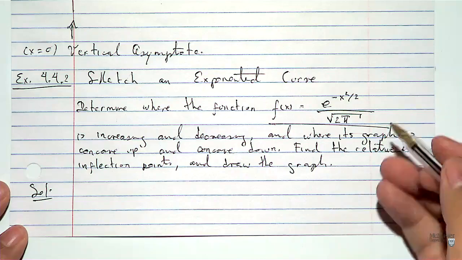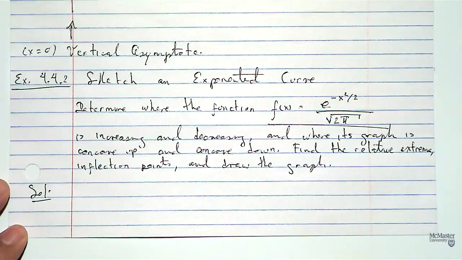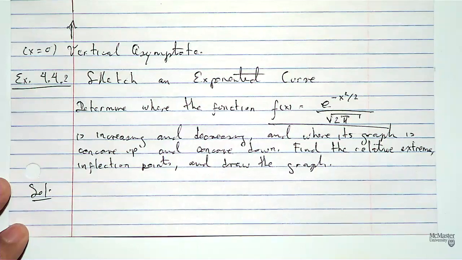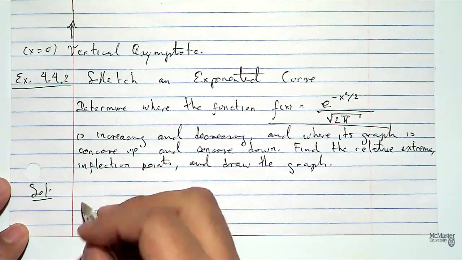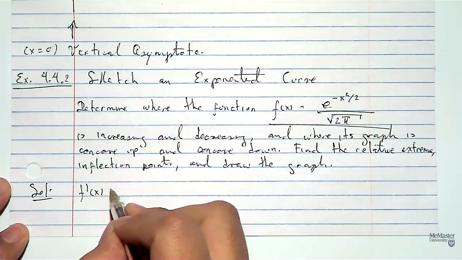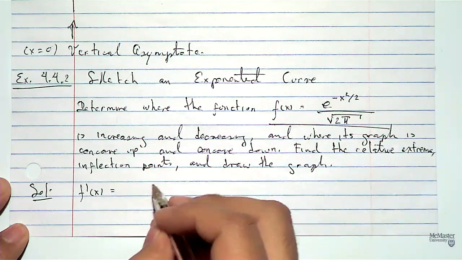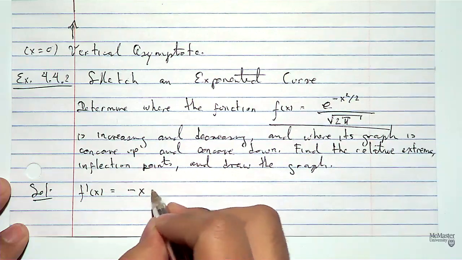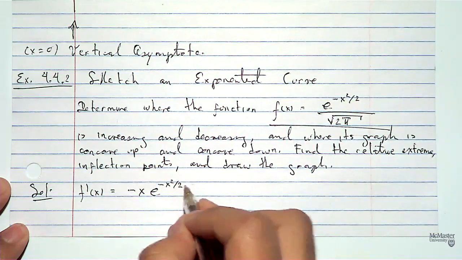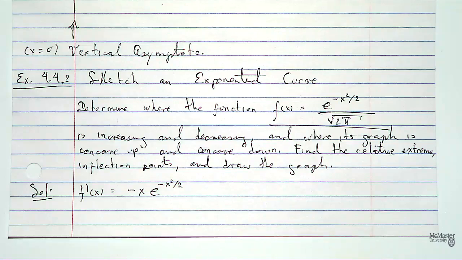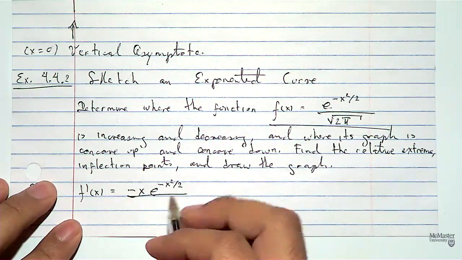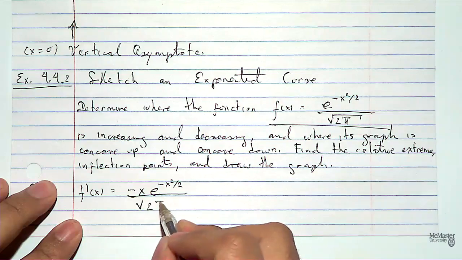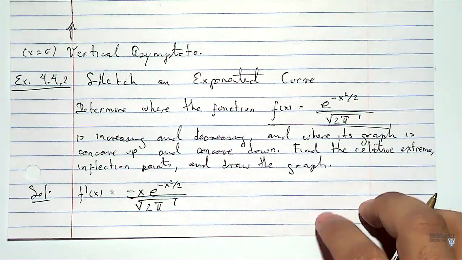If you have not seen, this is a normal distribution, has several names, a Gaussian, bell-shaped curve, etc. It's very famous. If we take the derivative, well, we have minus x e to the minus x squared over 2, because when you take the derivative of x squared, there is a factor of 2 that cancels out. That's why it's not appearing. But you still have the constant in the denominator, the square root of 2 pi.